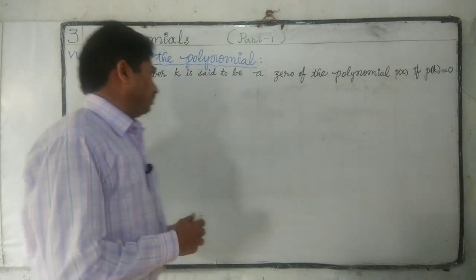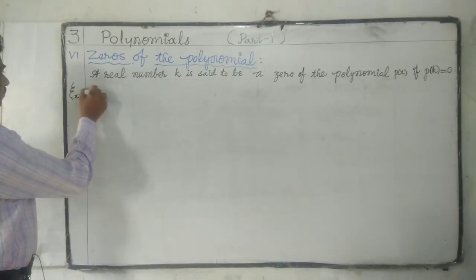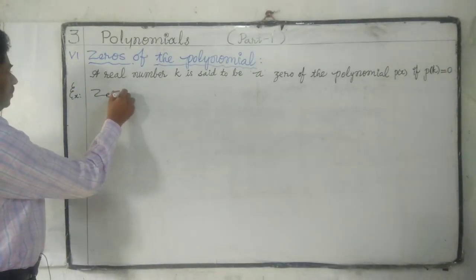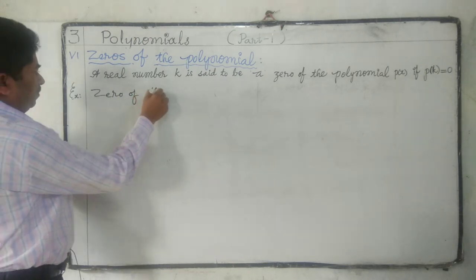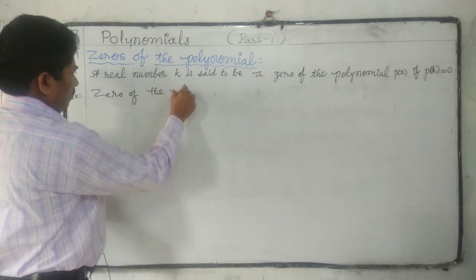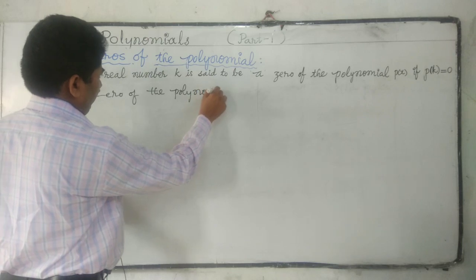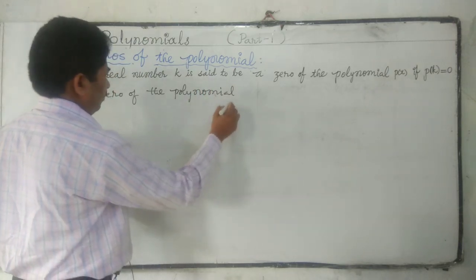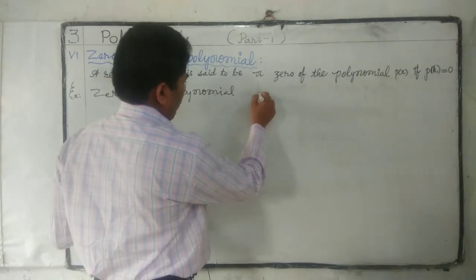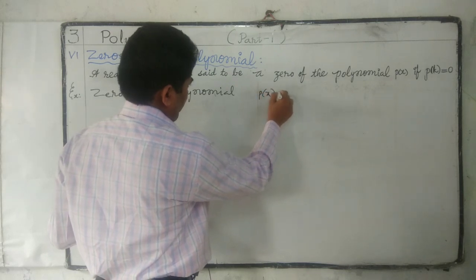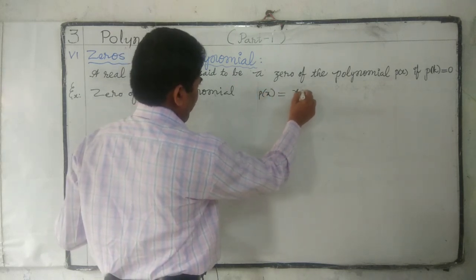For example, the zero of the polynomial p of x is equal to x plus 2.